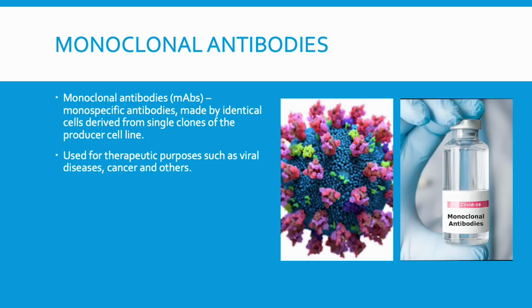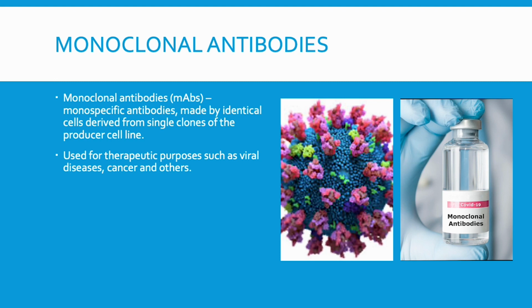I believe many here are already familiar with monoclonal antibodies, but just a little bit of introduction to these proteins. They are generally monospecific antibodies that are extracellularly secreted by mammalian cells.